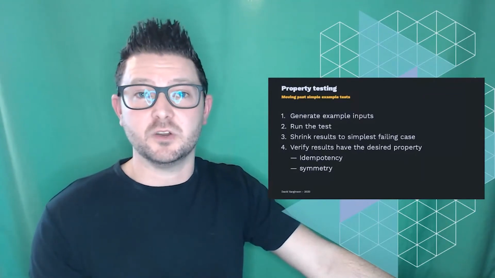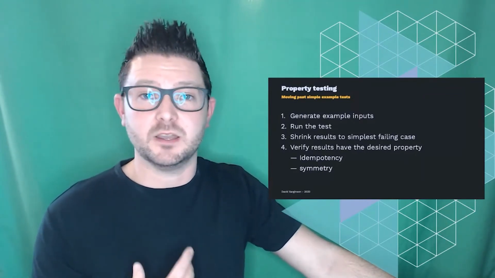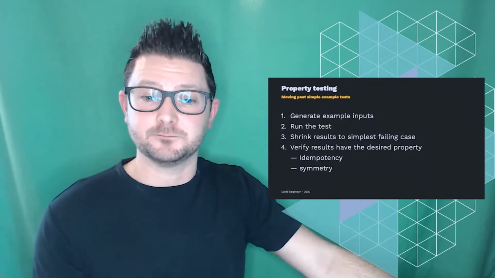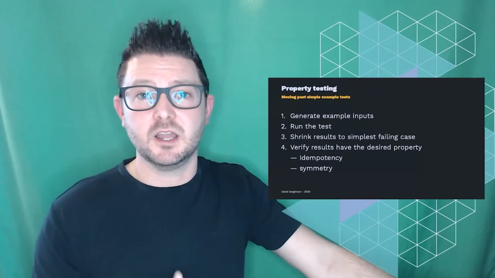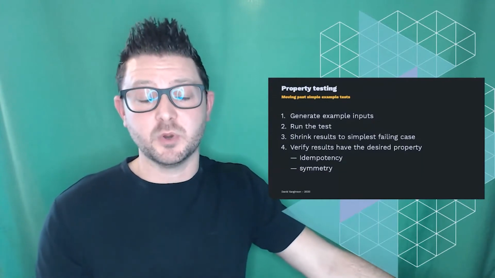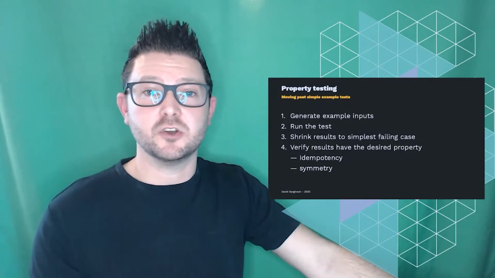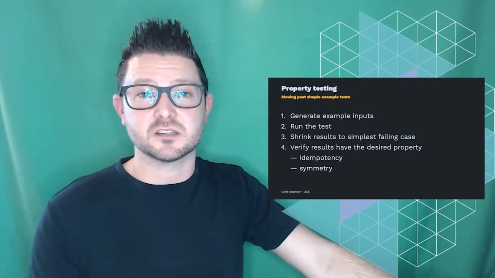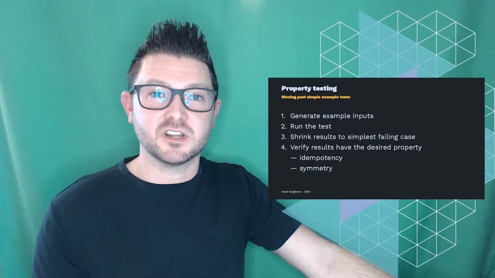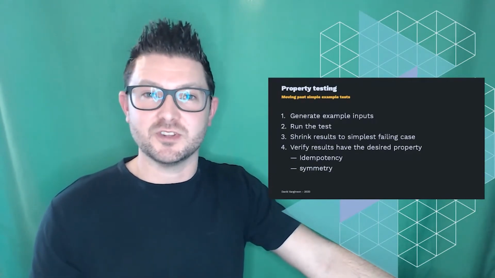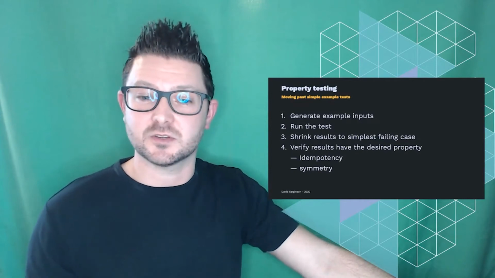Or I just create my own complex type ones by composing and putting generators together. So what do we get by that? Once I've generated all of my inputs, I get my tests run. And obviously, if I generate 100 inputs, I'm going to run 100 tests. That's much more efficient than me coming up with 100 example tests and having to run them all individually. And it's also a lot less code.